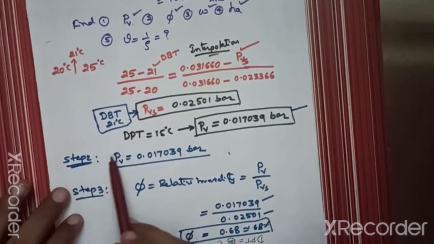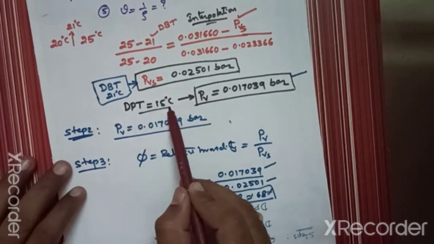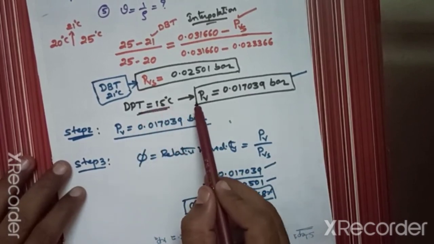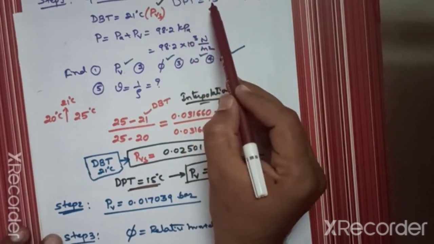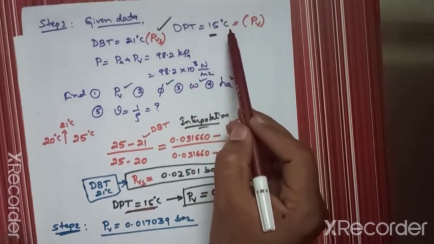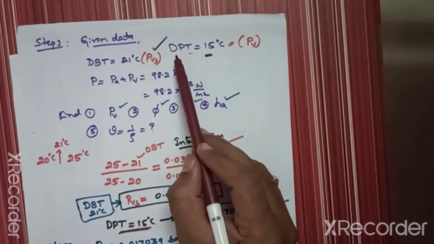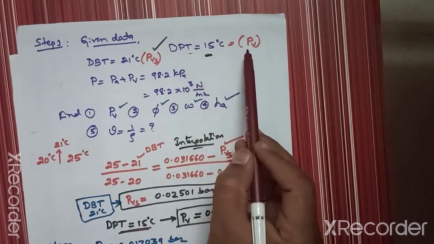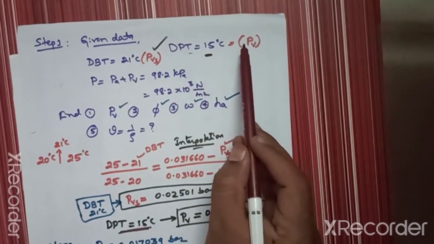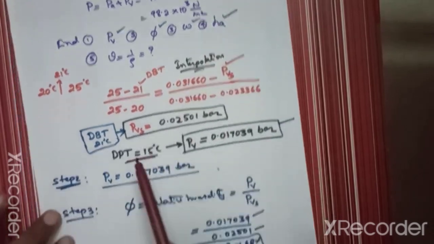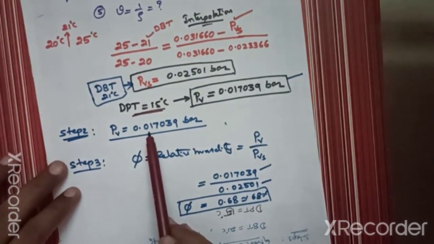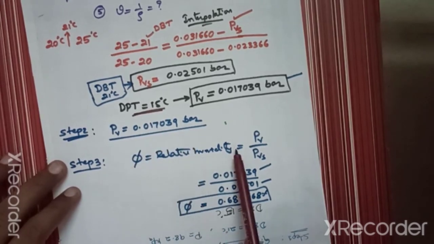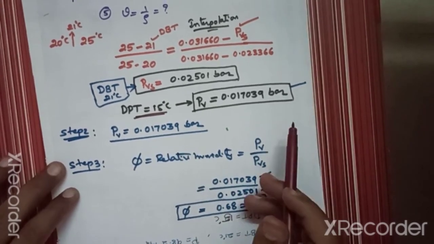And step number 2, as I told you in step number 1, at the dew point temperature you will get the pressure of vapor. At dew point temperature 15 degrees Celsius, directly you can take the PV value from the steam table. So here we have written the steam table value, PV is equal to 0.17. Similarly you go through this procedure.